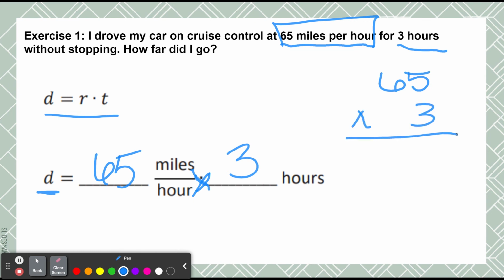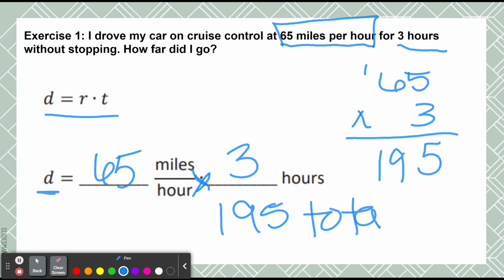I do not think we need a calculator for it. 5 times 3 is 15, carry that 1. 6 times 3 is 18 plus 1 is 19. So 195 is the total miles.